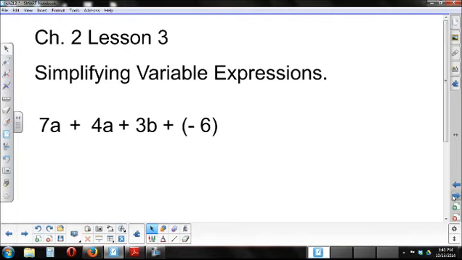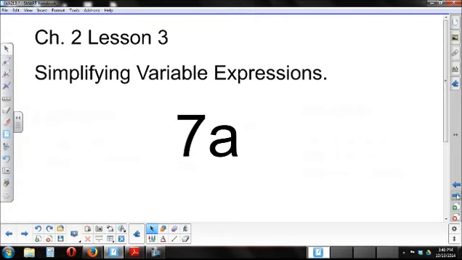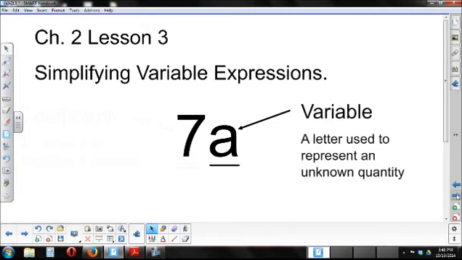The variable terms, let's focus in on 7a for a moment. Besides being a variable term, there is some more vocabulary associated with it. First of all, every variable term has a variable, which is a letter used to represent an unknown quantity.